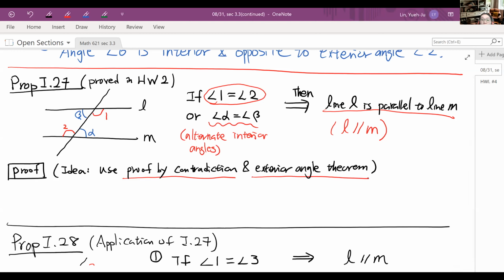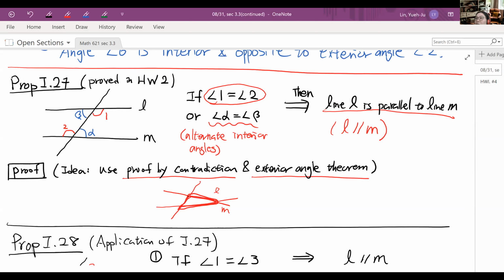The rough idea is that you want to prove L is parallel to M. That's your conclusion. So roughly speaking, they do a proof by contradiction. They still assume either angle 1 equals angle 2 or alpha equals beta, but they ask, what if L intersects M at some point? They form this triangle that I drew here. Then they use the information we have, plus the exterior angle theorem.